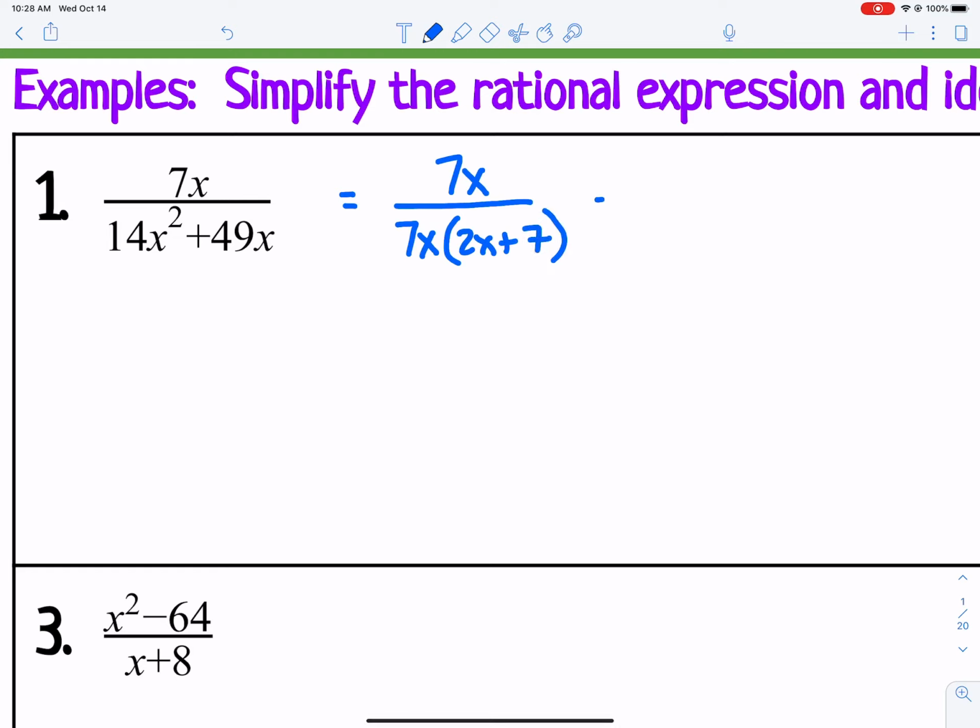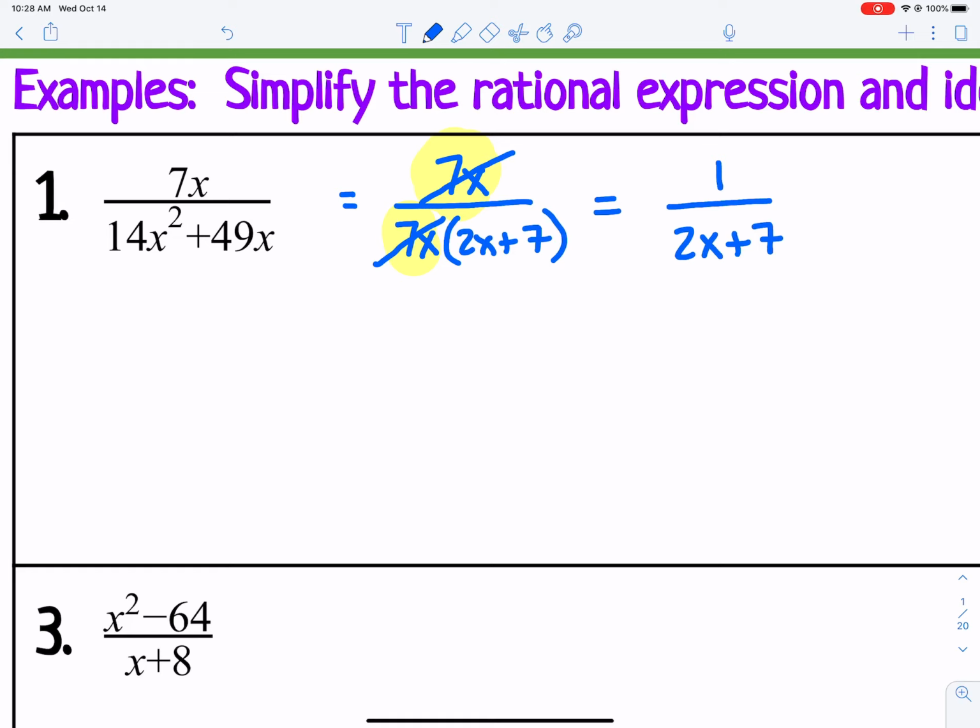So then we can reduce that because 7x and 7x would cancel out. Those are common factors in our numerator and denominator. Leave a 1 since nothing else is left in the numerator, and then 2x plus 7 is our denominator.